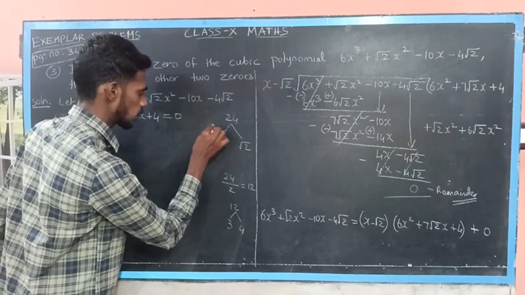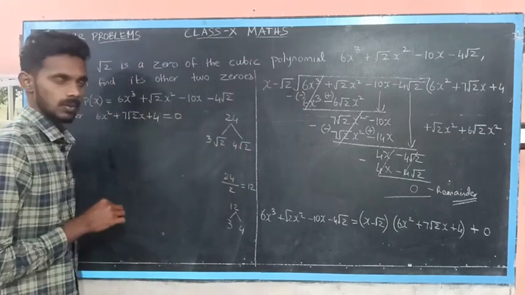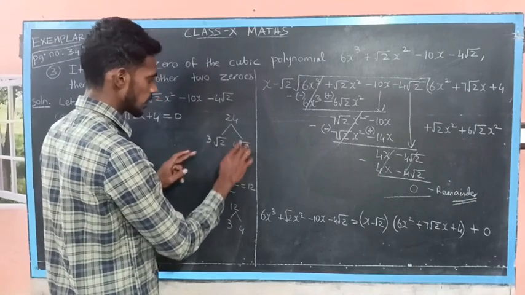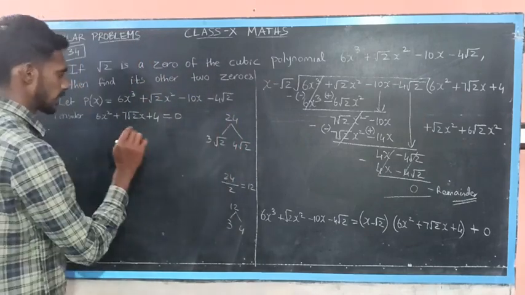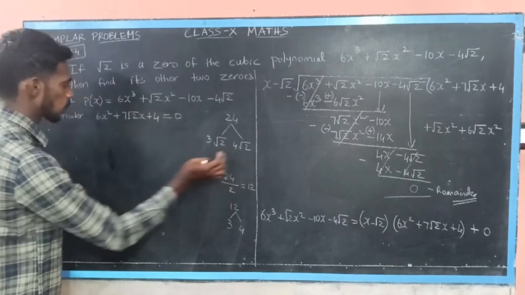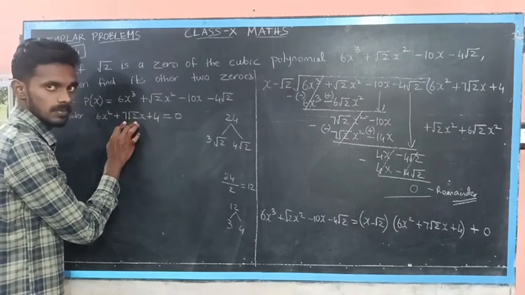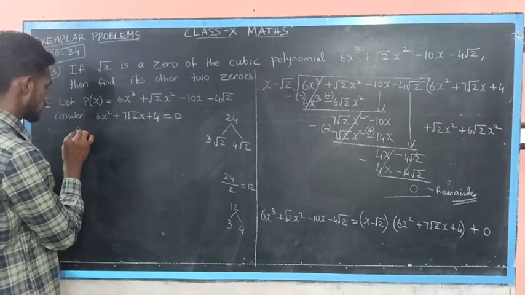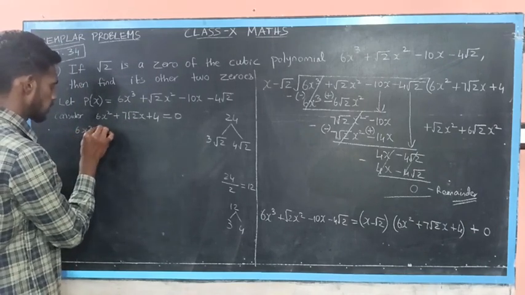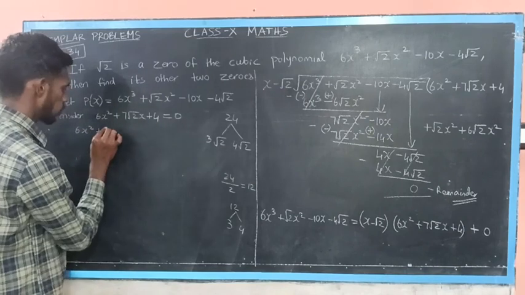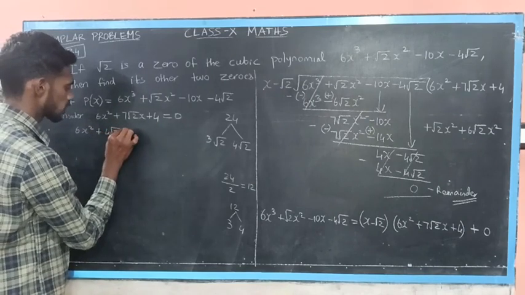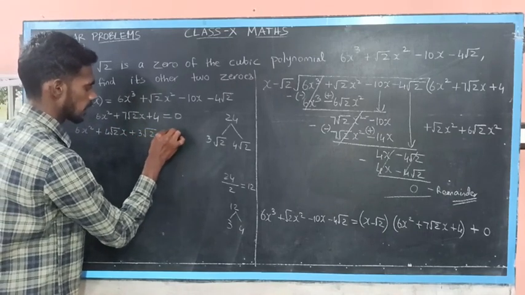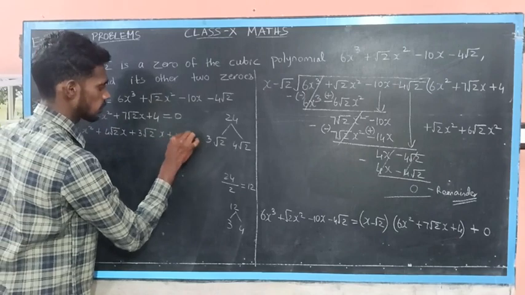So it is 3 root 2 and 4 root 2. Okay. So now see, 3 root 2 into 4 root 2 gives 24. Okay. Then 3 root 2 plus 4 root 2 gives 7 root 2. Clear? So the 7 root 2 x can be split as 6x square plus 4 root 2 x plus 3 root 2 x plus 4 is equal to 0.